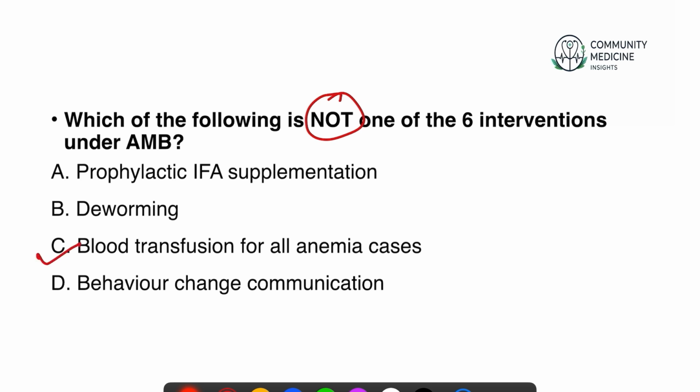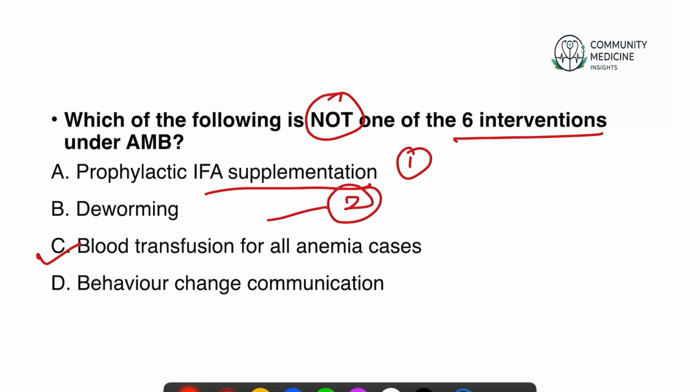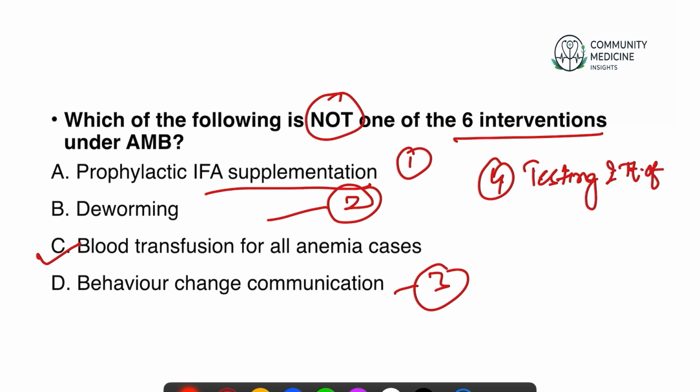So we have read in the previous slide that there are 6 interventions. Among 6 interventions, first is your IFA supplementation, second is deworming, behavior change communication is also a component. Next is testing and treatment of anemia. So in treatment of anemia, blood transfusion is not recommended for all the cases.